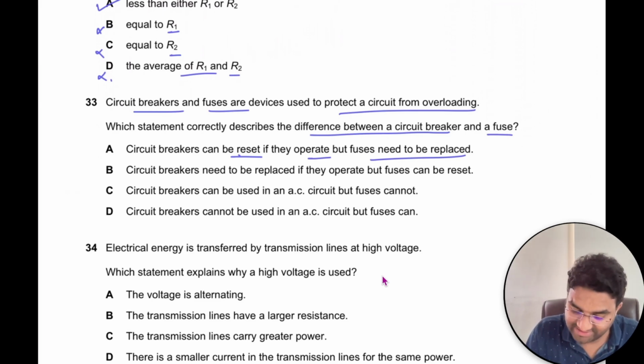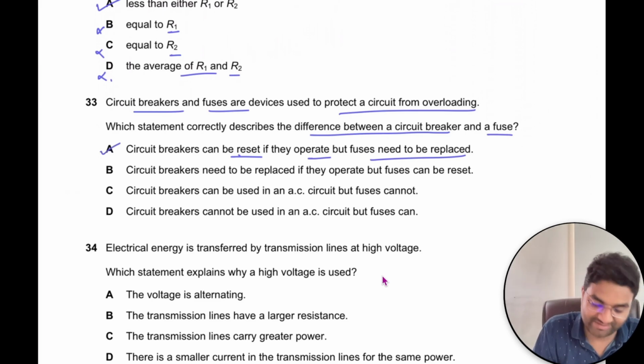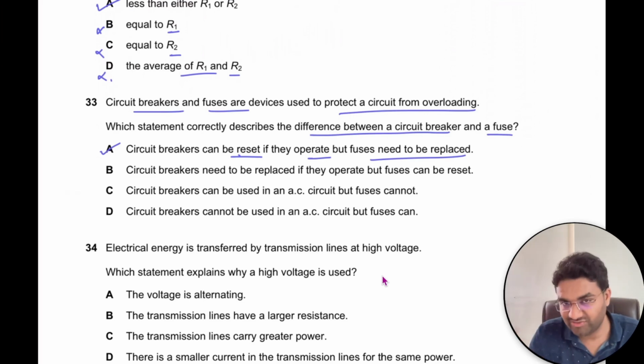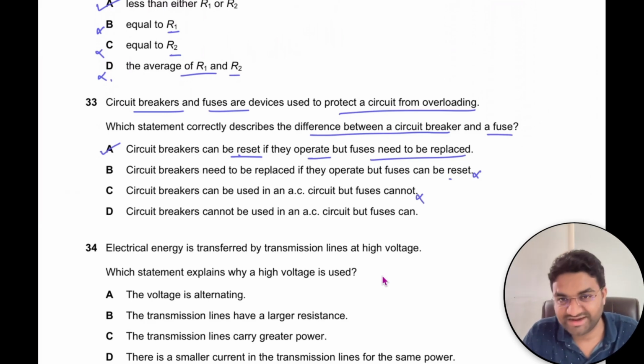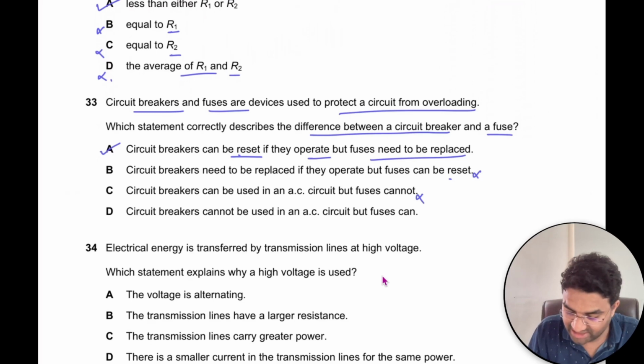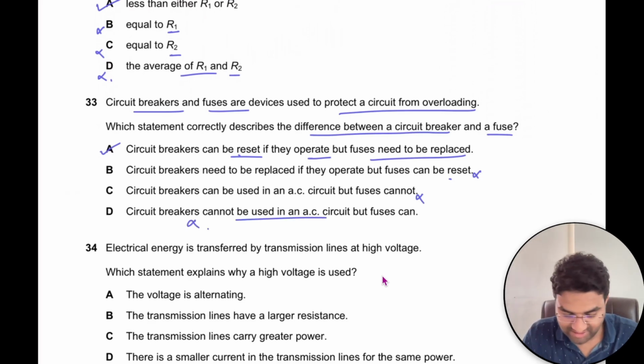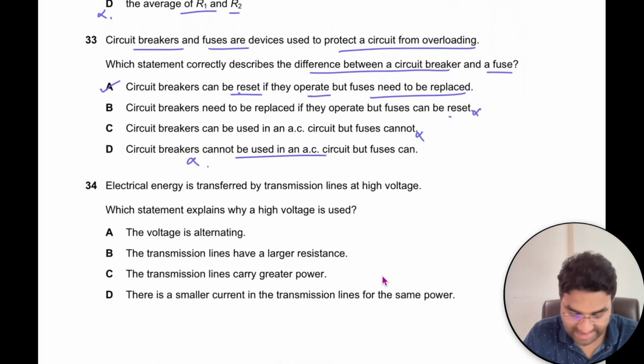So that's the difference. A is most appropriate, but we will still read B, C and D. Circuit breaker needs to be replaced if it operates, but fuse to be reset? No, right. Then next, circuit breaker can be used in AC circuit, but fuse cannot? No, this doesn't make sense. We can use a fuse in AC too. So the answer is 33 A, fine.